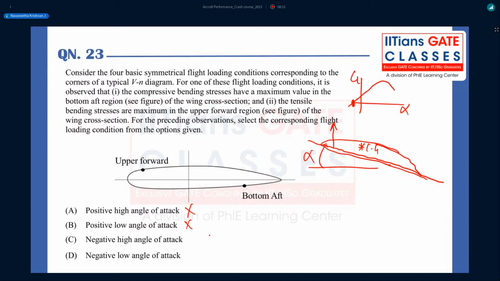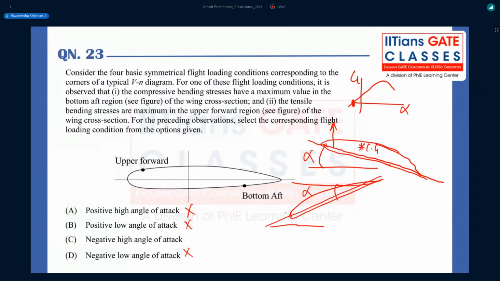But if you see the negative high angle of attack, this is negative high angle of attack. So when there is a negative high angle of attack, there will be negative lift.